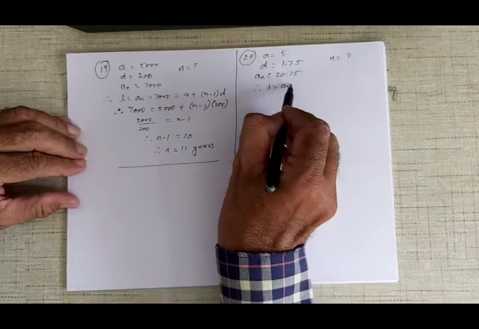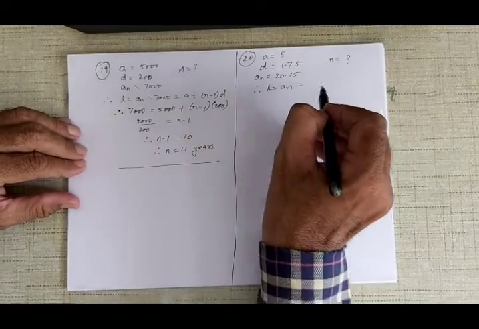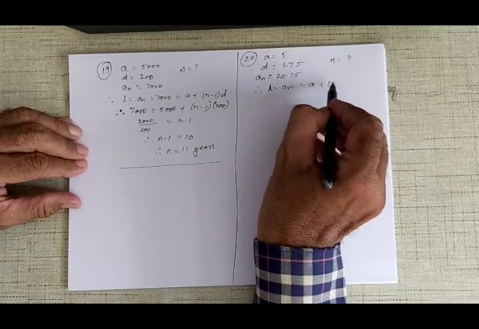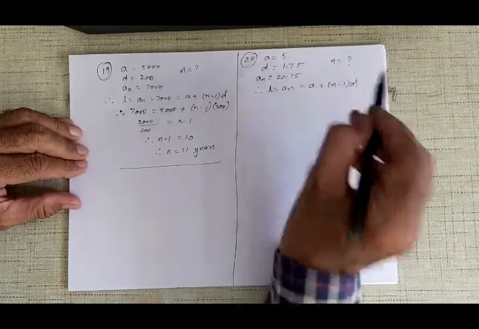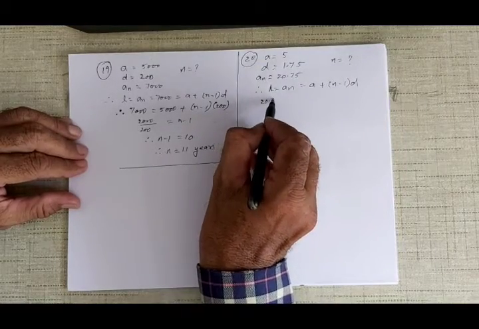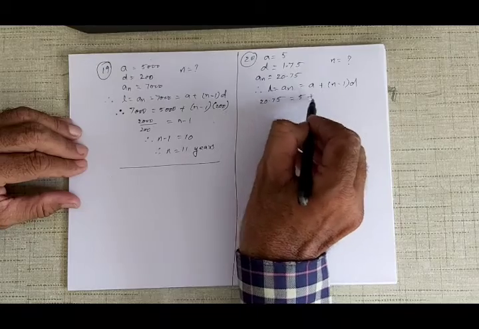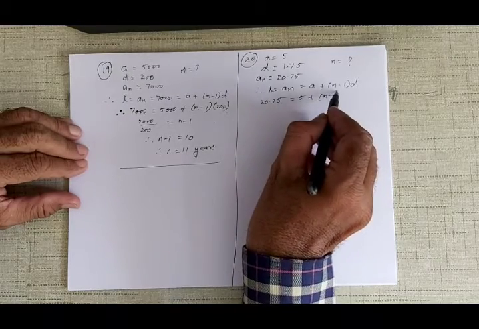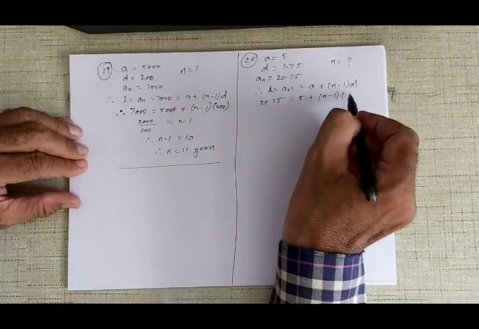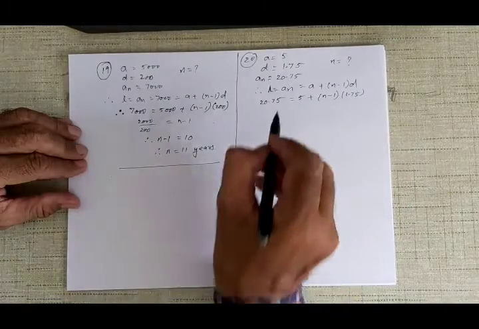L is equal to an, this is your last term, L, an a plus n minus 1 into d. Okay, now a of n is 20 rupees and 75 paise and that is equal to a 5 rupees. n हमको निकालना है और d की वैल्यू दे दिया है हमको 1.75, जैसे इसमें दिया था इसी तरह इसमें भी दिया.